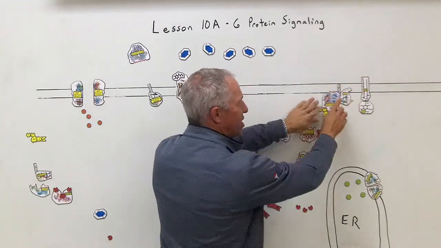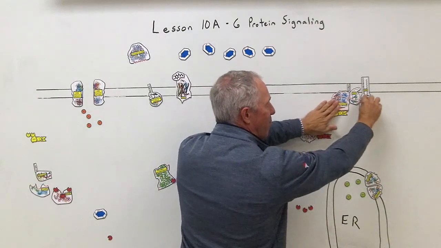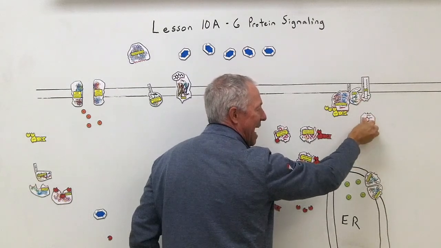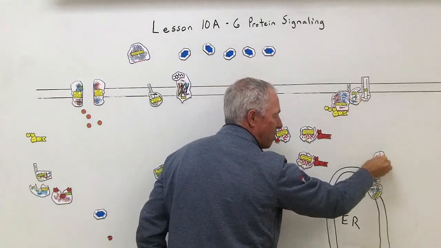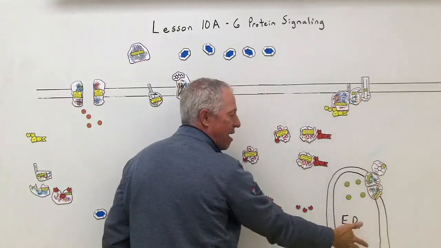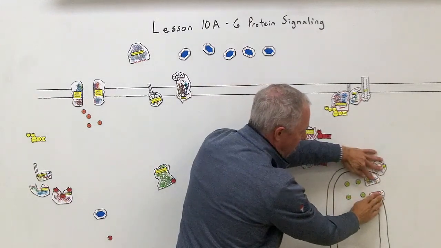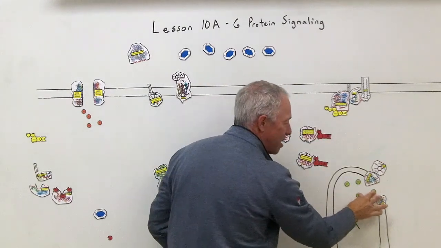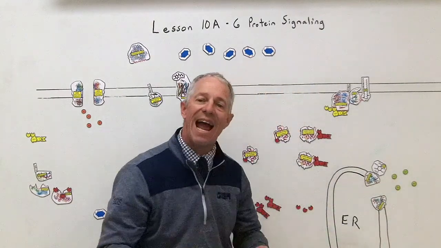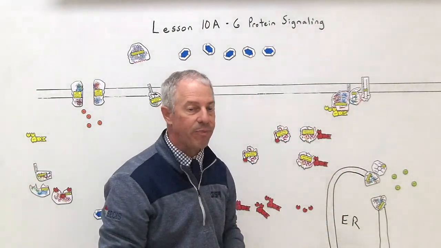This complex is broken down by this PLC molecule that fits in like that and breaks it apart. And this IP3 can act to open channels, attaching to this calcium channel. This is the endoplasmic reticulum, and the calcium channel will open up and let calcium out of the endoplasmic reticulum. And the calcium can act as a second messenger and cause things to happen in the cell that way.